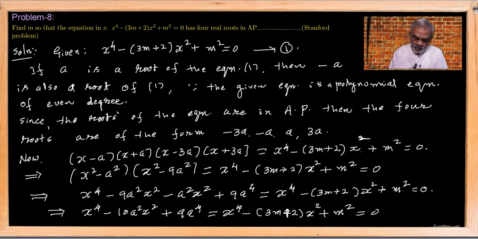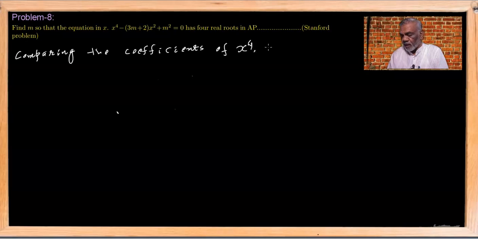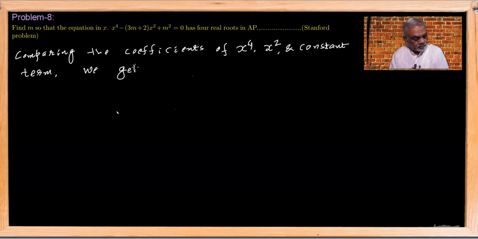We get, comparing coefficients of x raised to 4, x square and the constant term, we get 10a square is equal to 3m plus 2 and 9a raised to 4 equal to m square.